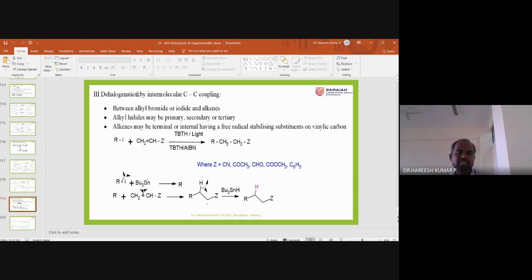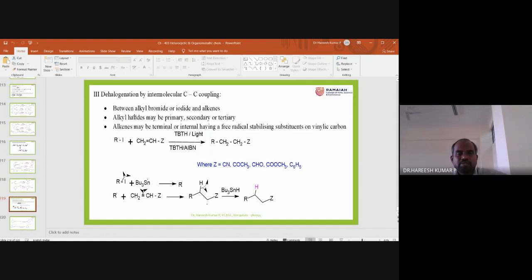Up to this, we discussed dehalogenation, which is one kind of example. Another example we also discussed is dehalogenation followed by intramolecular cyclization. Now we are looking at dehalogenation by intermolecular carbon-carbon coupling, meaning bond formation.